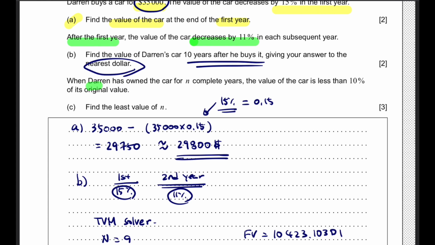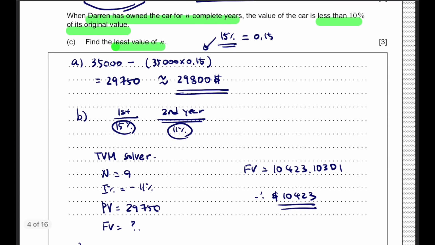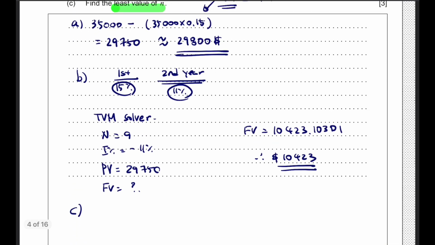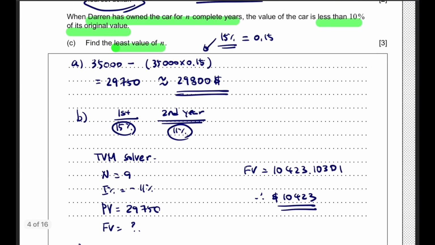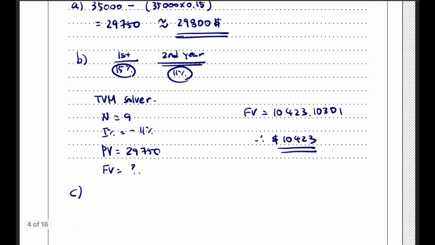Then question C. Okay, so we have extra information here. When Darren has owned the car for n complete years, the value of the car is less than 10% of its original value, and we need to find the least value of n, right? For question C, the first thing we need to consider is the value of the car after n years. The price of the car is less than 10% of its original value.